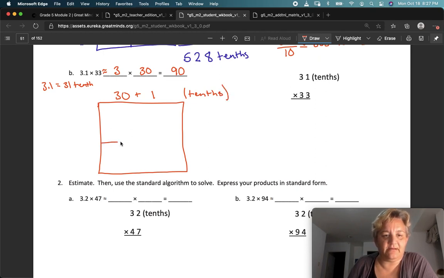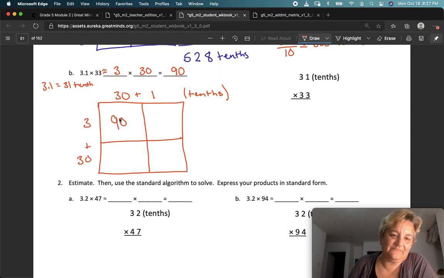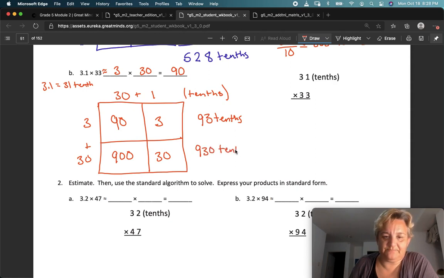And over here, I've got 33, so 3 and 30. And 3 times 30 is 90, and 3 times 1 is 3, which gives me 93 tenths. Next, 30 times 30 is 900, and 30 times 1 is 30, which gives me 930 tenths.